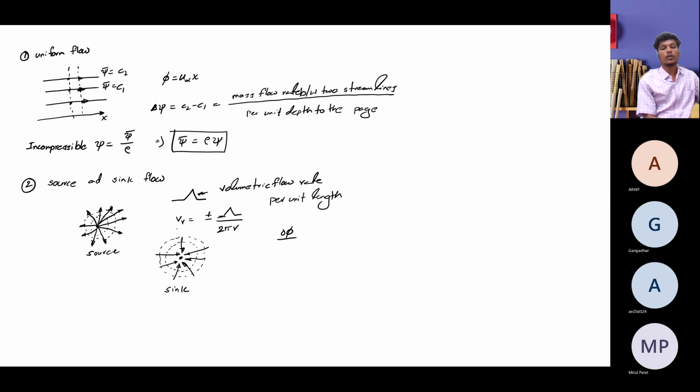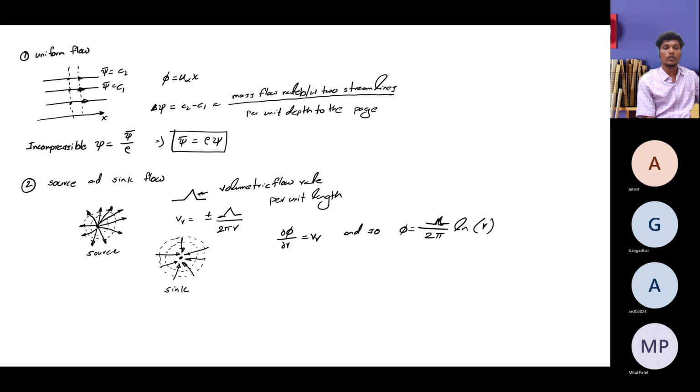Since it is in polar coordinates, it is very convenient to write the potential function or the stream function in polar coordinates. That is dou phi over dou r equals Vr. And so you can get phi equals capital lambda by 2 pi ln of r.